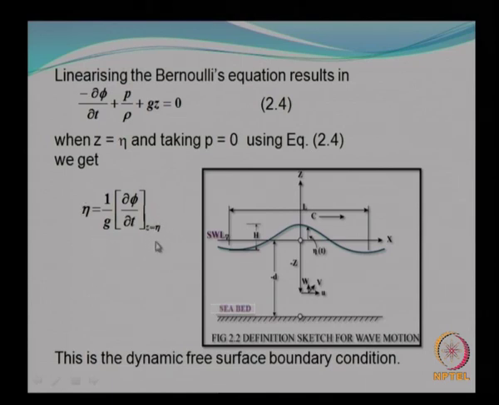Look at this, z equal to eta, that is, this condition is at this point, any point, z can be minus or plus, that is what it means here. Again I am saying that this is obtained because of pressure being 0 at the free surface, which is called the dynamic free surface boundary condition.